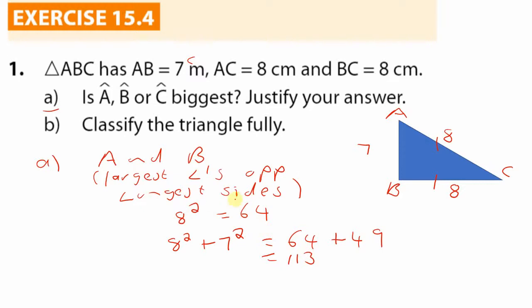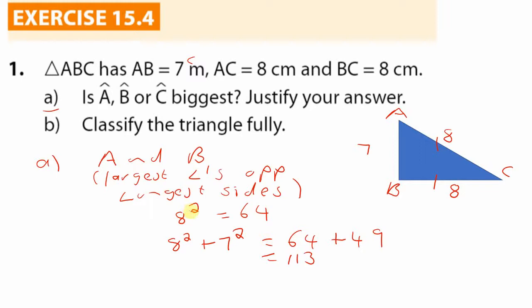So since the longest side squared is smaller than the sum of the two shorter sides squared, we know that this must be an acute angle triangle.